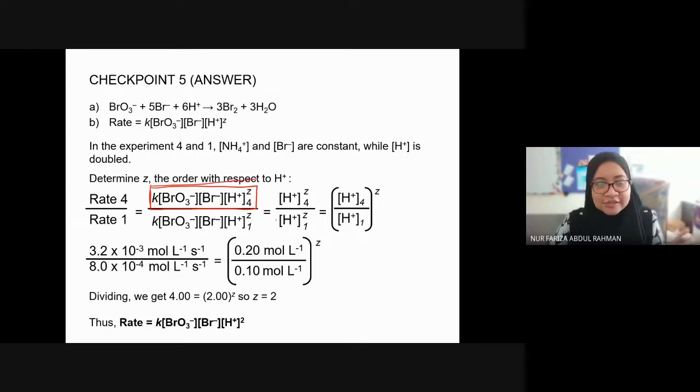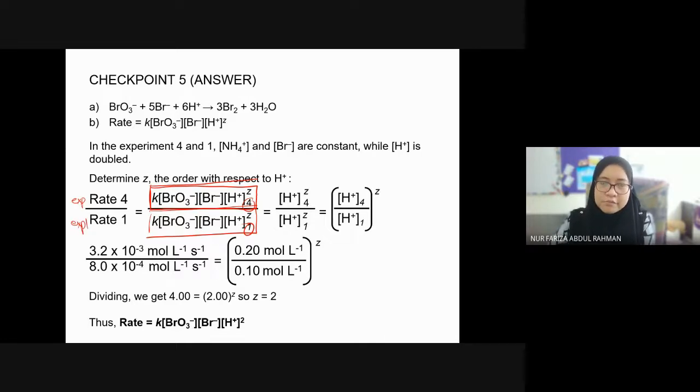Later kita cancel tu, itu belakang cerita. Tapi first step, before we can cancel, this is how the original ratio looks like. Okay, so it's basically the same. This is the rate law. Nampak tak? Sebiji sama. It's just that the data come from experiment 4. This one come from experiment 1.